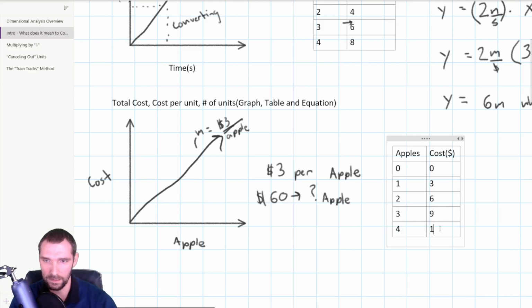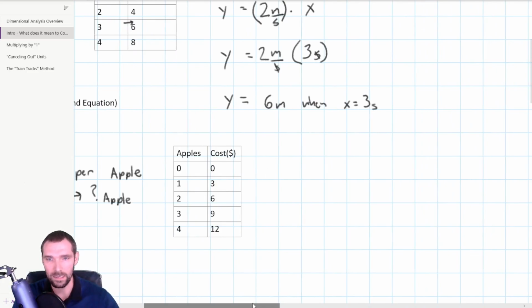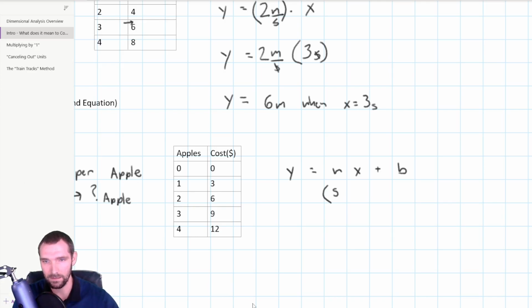So we kind of get across this idea that there's a relationship between the cost and the number of apples that you've bought. And you could write that out as a linear equation again. So this is y equals mx plus b. And in this case, this is $3 per apple.